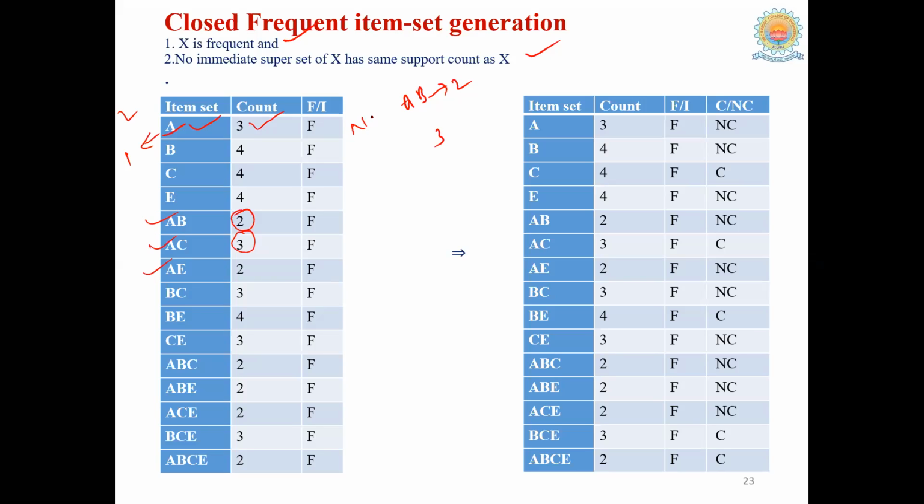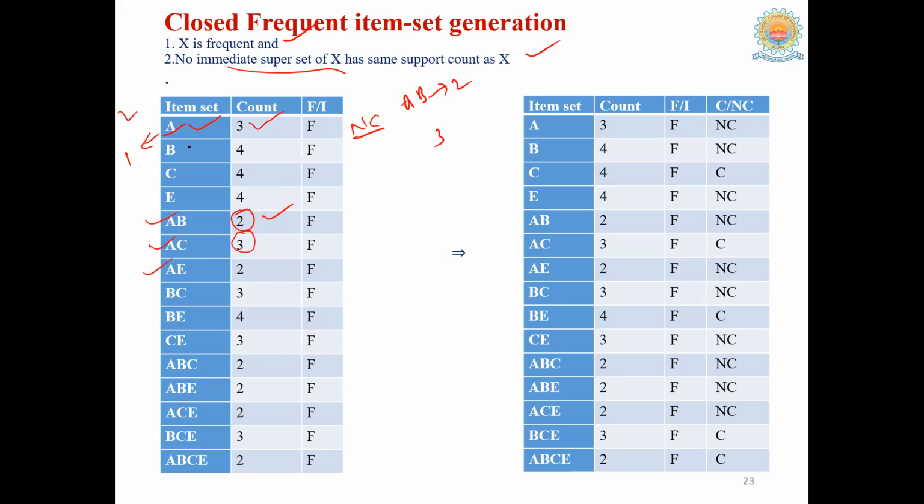So it is not closed. Why? Even though AB satisfies the second condition, AC does not satisfy it, because it has the same count as A. So we can stop with this, and we can conclude that this is not closed.